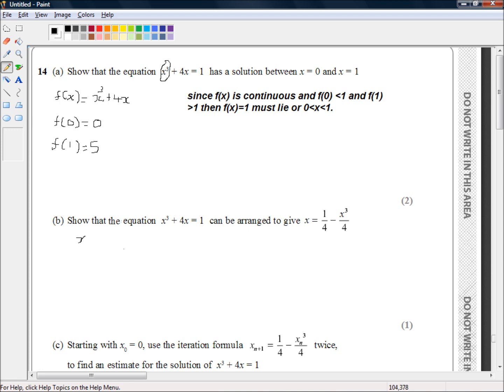Let's start with our x cubed plus 4x equals 1, and we want to isolate x, so let's have our x cubed come over, so that's 4x is equal to 1 minus x cubed, and then we just divide everything through by 4, so x is equal to 1 over 4 minus x cubed over 4, which was to be shown.